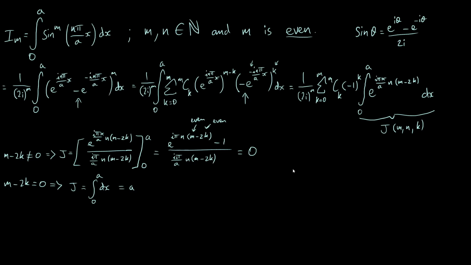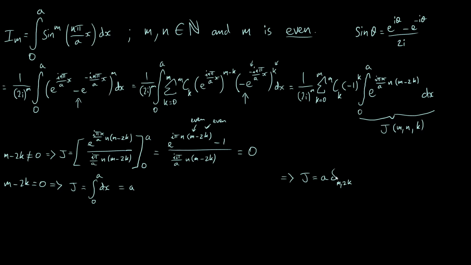And so if we combine these two results together, we can write that in a nice way, because we can say that j is equal to a multiplied by, so now I'm going to use the Kronecker delta. I'm going to write it as delta of m and 2k.